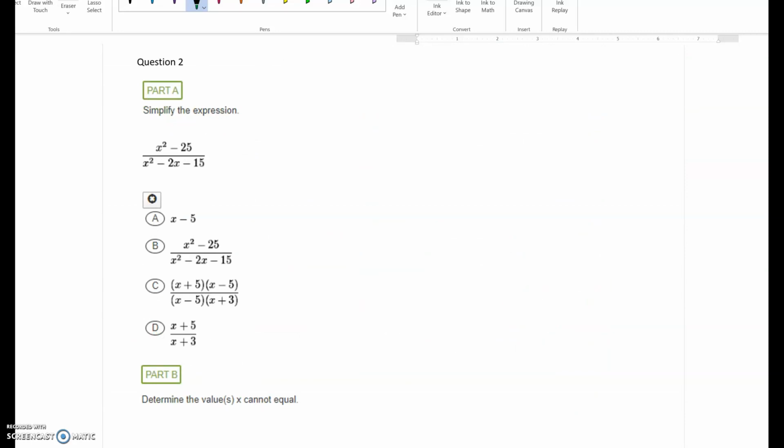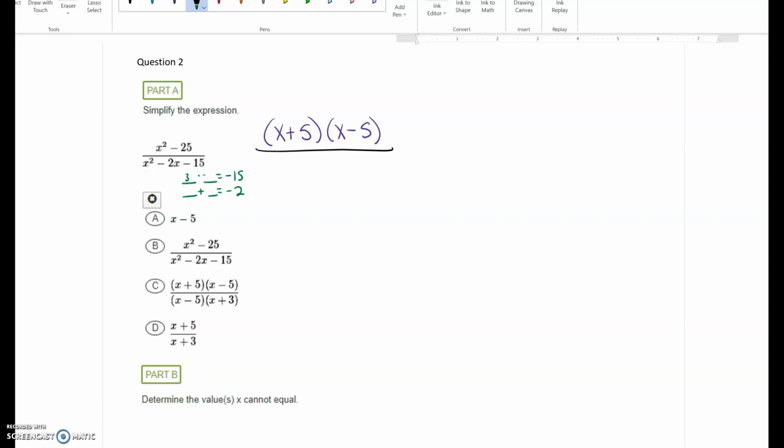Simplify the expression. This is where we get into factoring. So on the top, we need to factor x squared minus 25. That factors into x plus 5, x minus 5. That's a difference of 2 squares. On the bottom, we need to factor x squared minus 2x minus 15. So we are looking for two numbers that multiply to give us -15 and add up to -2.